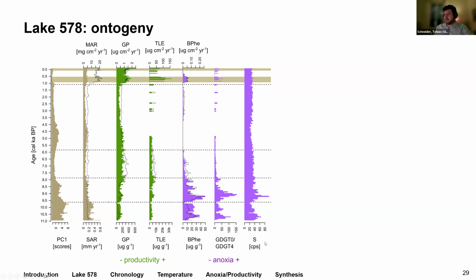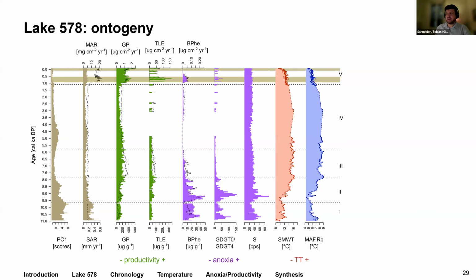And thirdly, also from the ITRAX measurements for sulfur, where we also see that somehow it seems to follow a little bit this pattern, which could be indicative of more methanogenic production. And then finally, the temperature reconstruction.